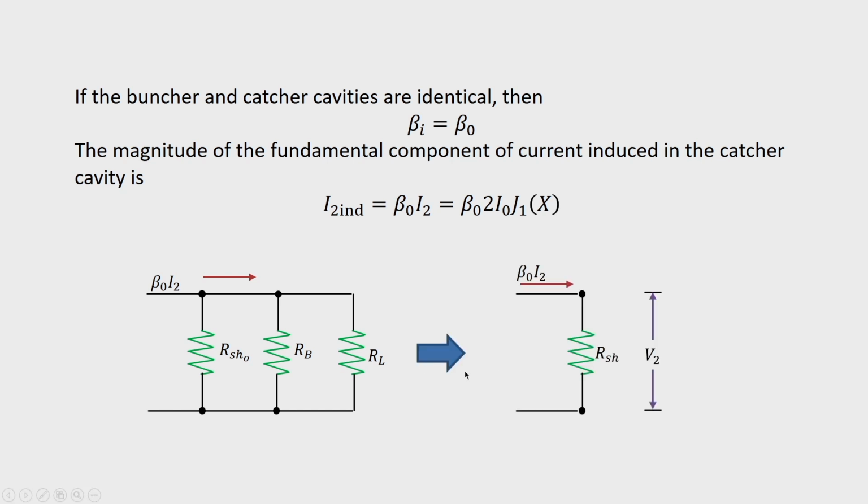The combination of these three resistances can be represented by R_sh, and V2 is the output voltage and beta naught I2 is the current that flows through R_sh.